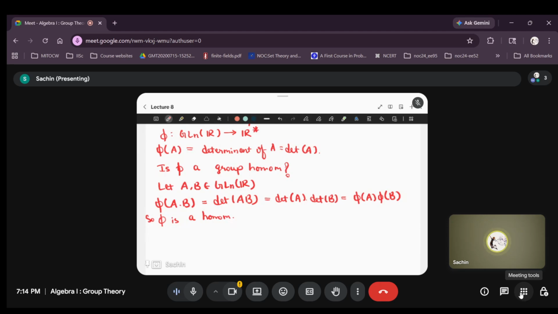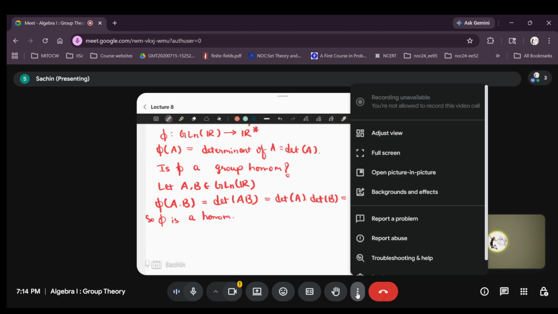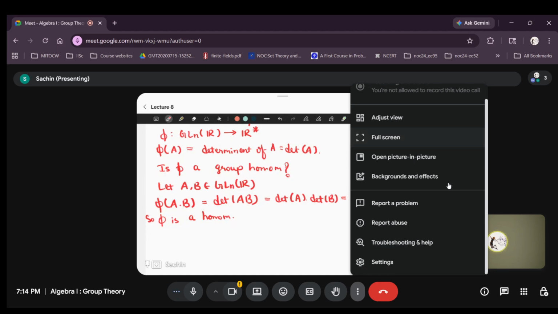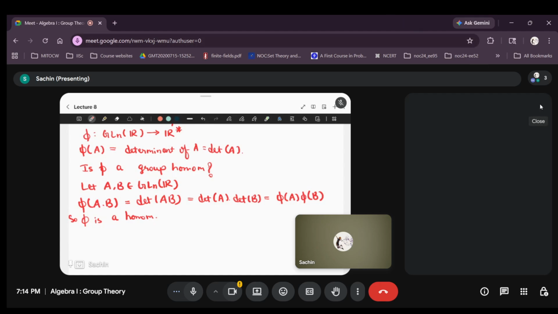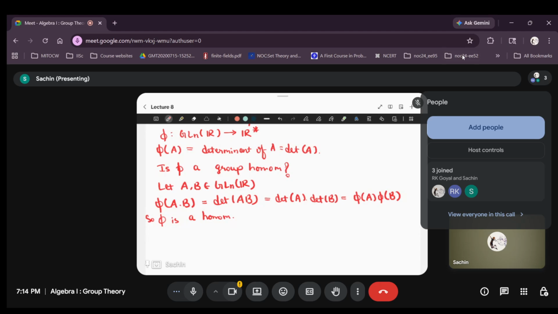I don't know from my side if I am able to increase the volume. Yes, now it is better. Okay.